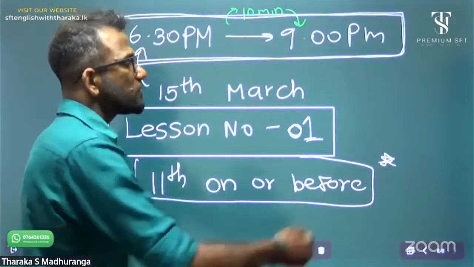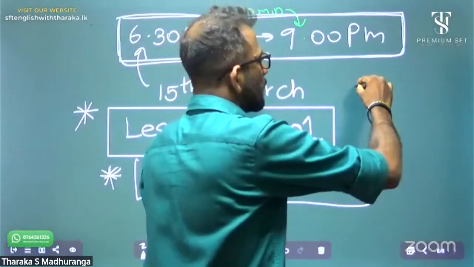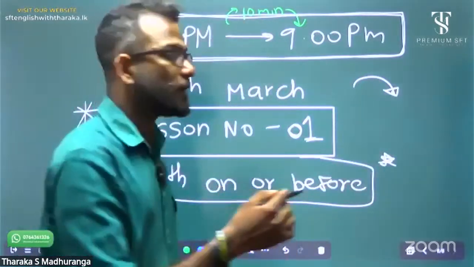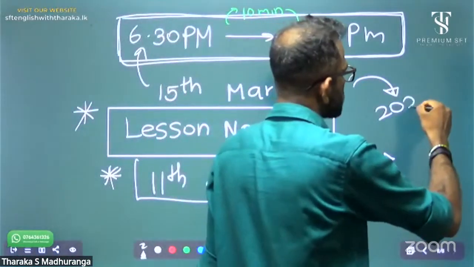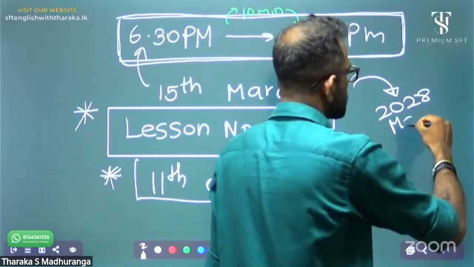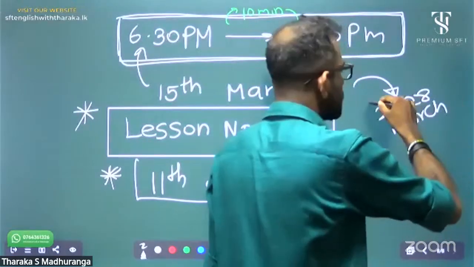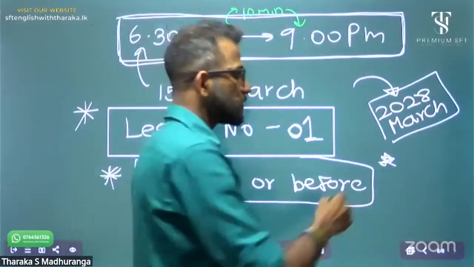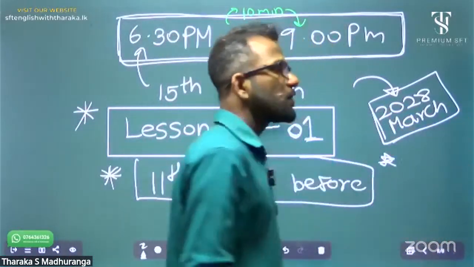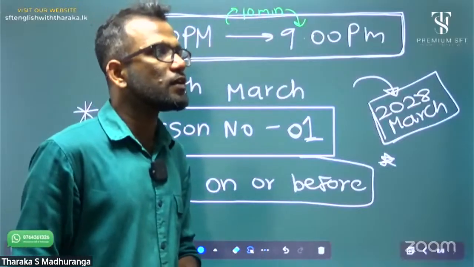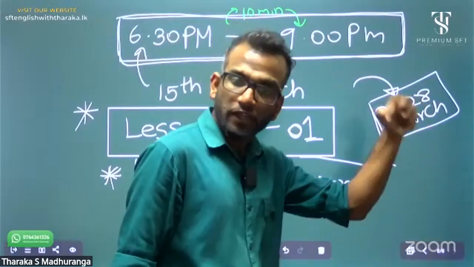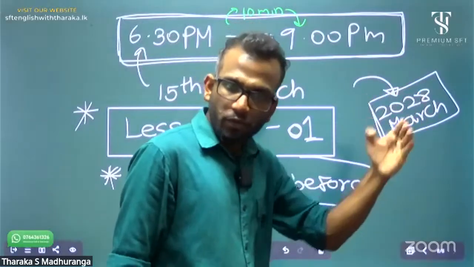After Wednesday I'll send you a link to our website, the March course module link. I'll send it on Wednesday evening. Then you can enroll in this course module, and I will send you a video.